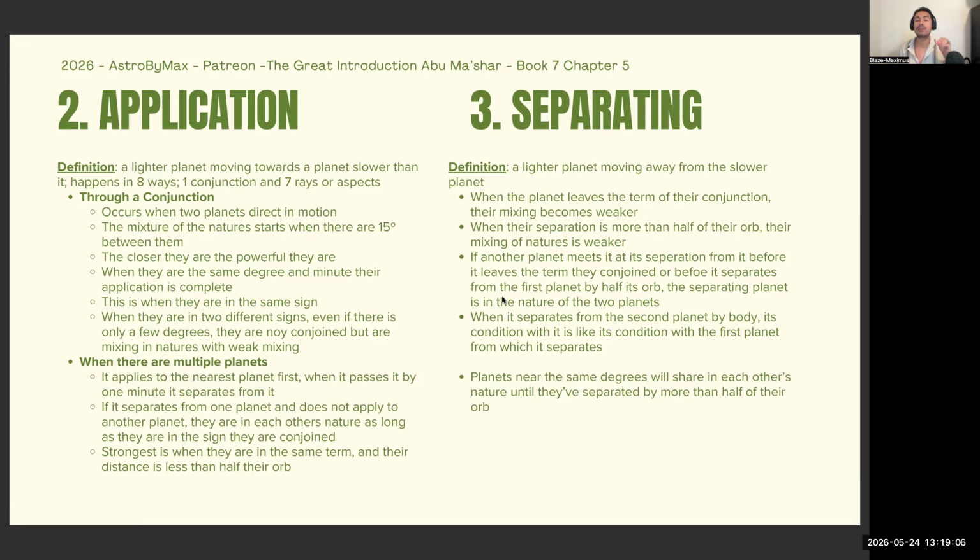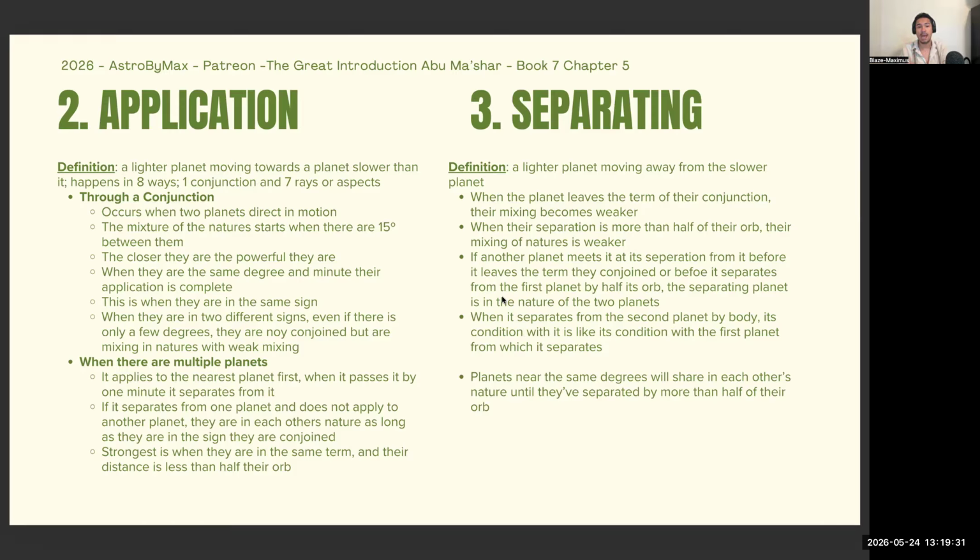But I really want to stress that sometimes you're going to see an application look like it's going to happen, but the planet stations retrograde and starts moving backwards, and so what was building and what was applying never actually continues. That's why I emphasize this part of the definition: you need to make sure that they are both the same minute, the same degree, the same arc second, and that one passes the other.